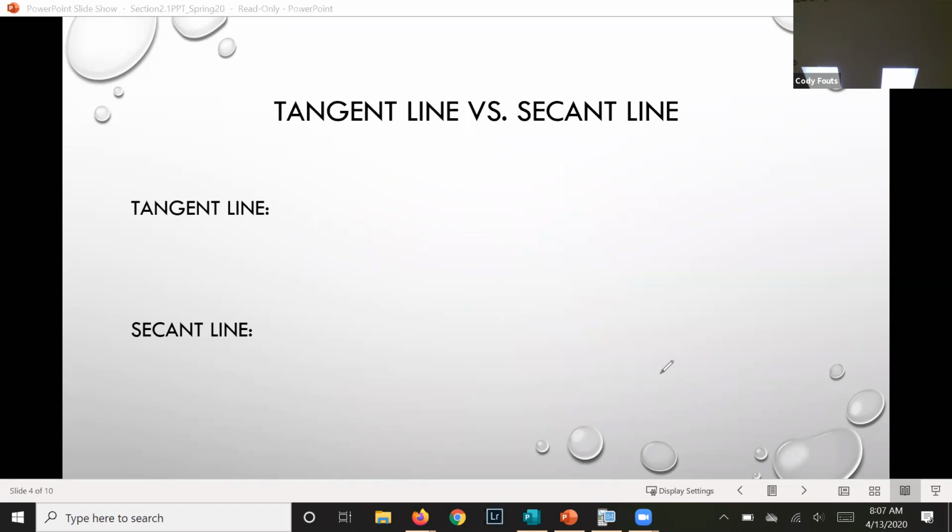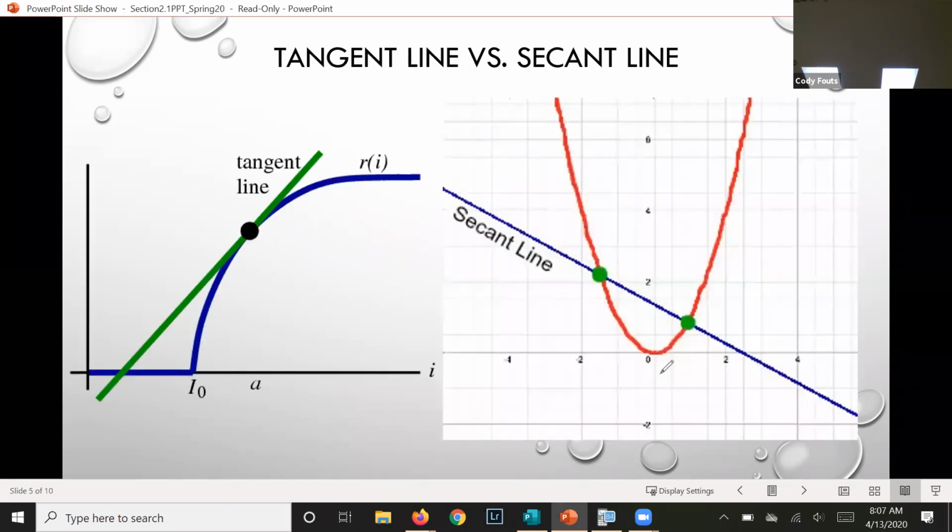On these next slides, I just have some more examples to help us visualize. Again, on the left, you see the tangent line intersecting the graph at just a single point and not cutting through it. And on the right-hand side, you see the secant line, very similar to what I was just drawing, where it goes through the graph at 2 points.